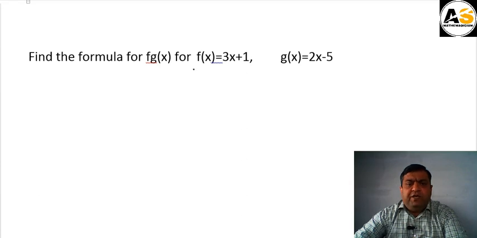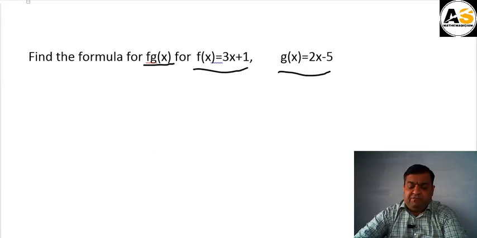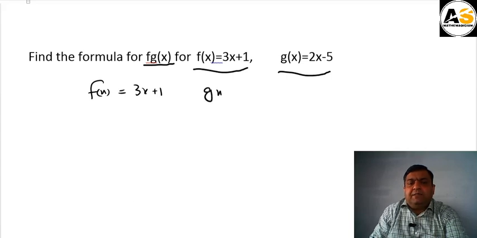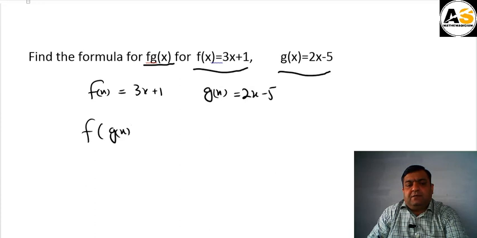First one is, we are given f of x and we are given g of x and we have to find f of g of x. What is f of x? F of x is 3x plus 1. What is g of x? G of x is 2x minus 5. So f of g of x, first step will be 3 times g of x plus 1.